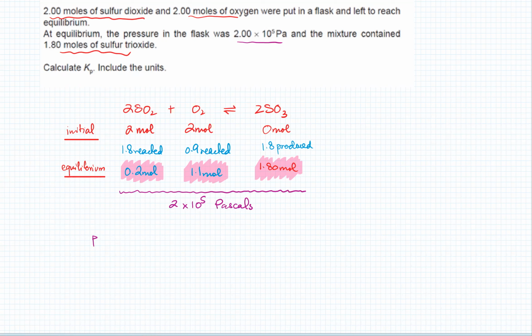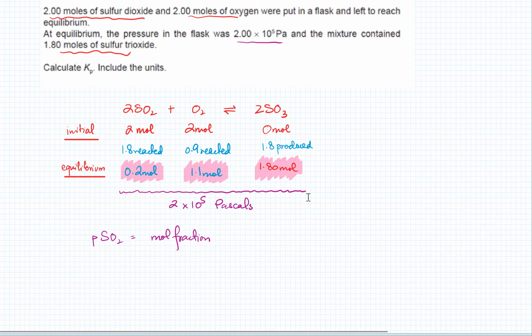So you have to find the partial pressure. The partial pressure of SO2 is basically the mole fraction, or the percentage, of SO2 at equilibrium multiplied by the total pressure.